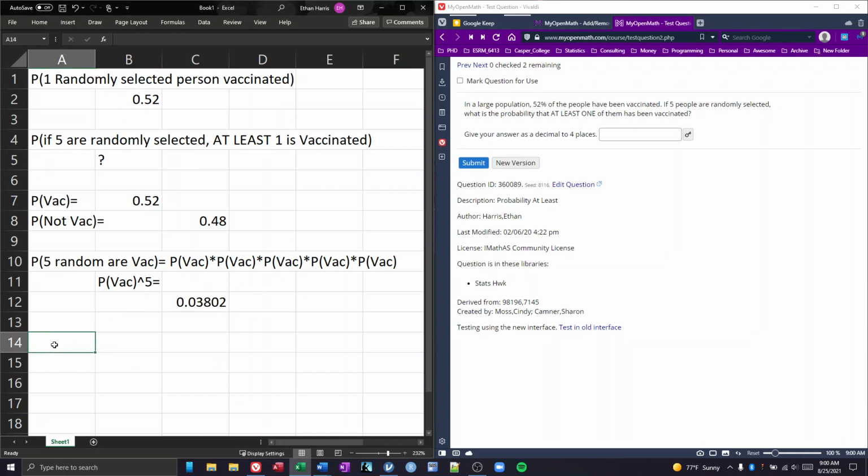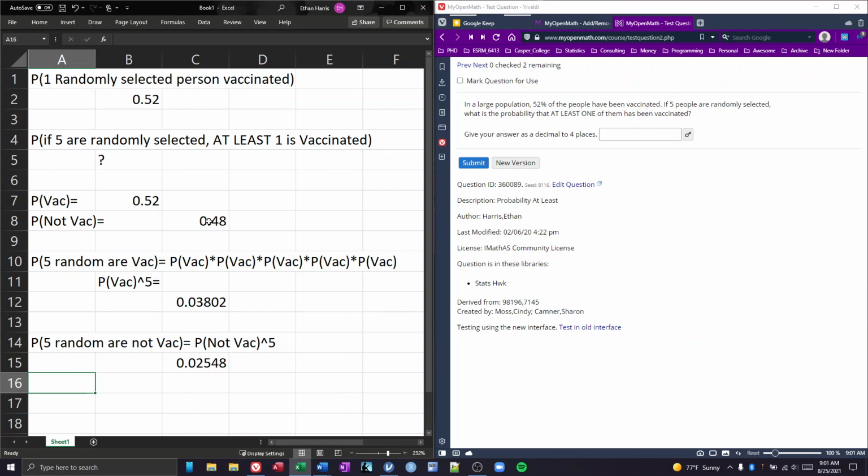Let's try something else. So we can now do the probability of 5 random are not vaccinated. And that's just going to be equal to the probability of not vaccinated raised to the power of 5. And let's do that one. Equals raised to the power of 5. And we get like 2%. All right, let's look at these and see if these are the questions that we're looking for.